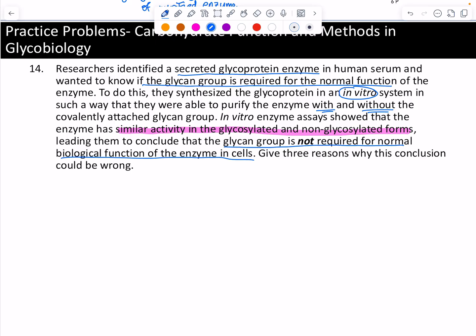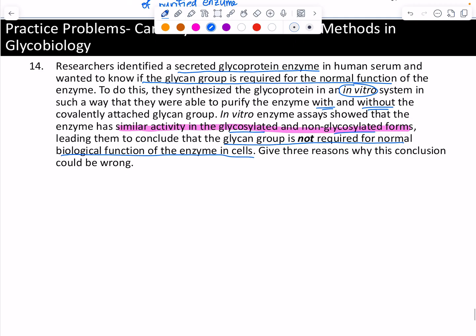So we've got similar activity in an in vitro system. But what could the function of the glycan group be in cells that is not replicated in their in vitro system?